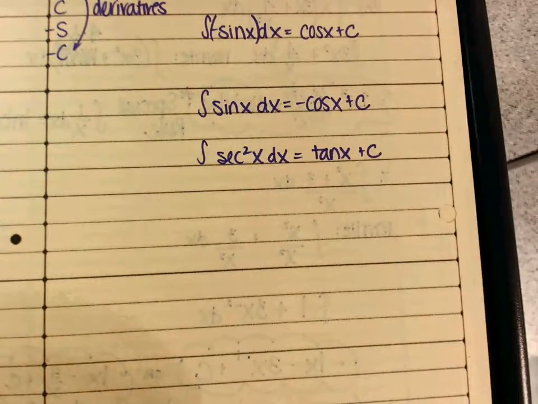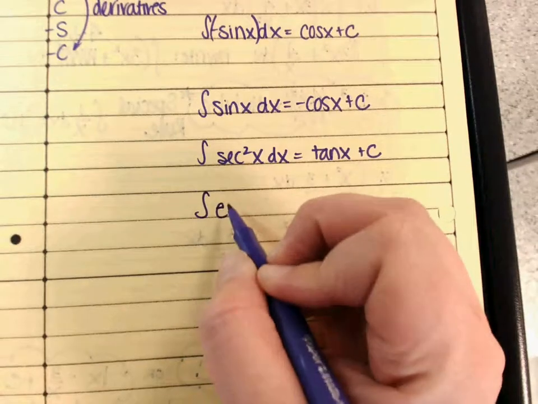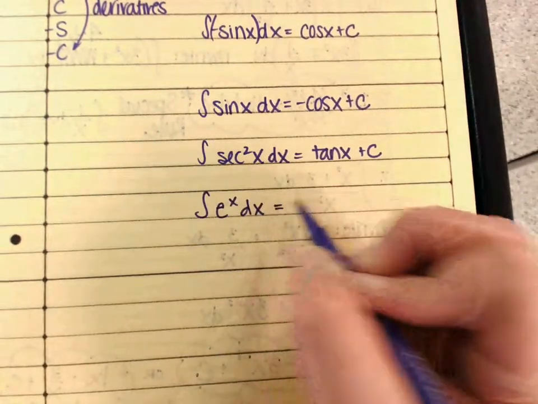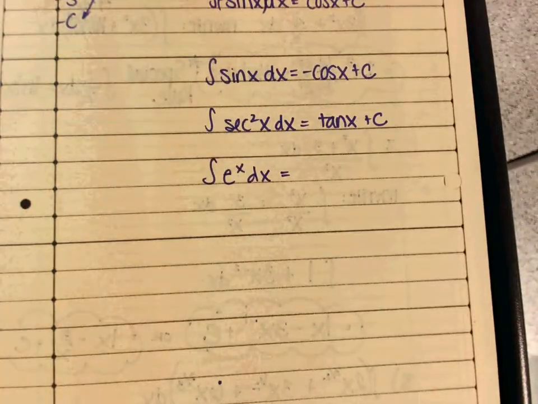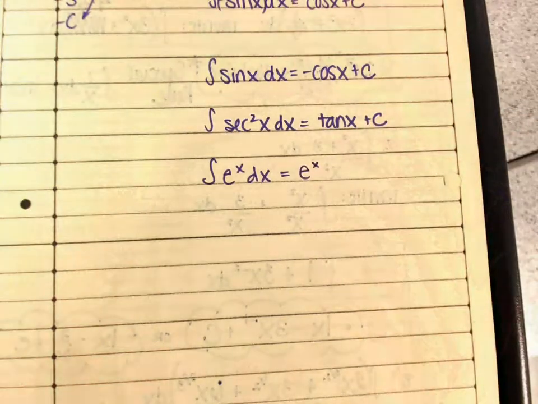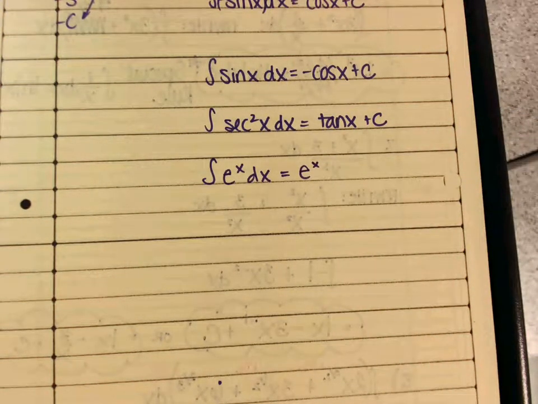Okay? All right. And then one more I'm going to put on here as well. What is the derivative of e to the x? E to the x. What's the antiderivative then going backwards? Still e to the x. Okay, so remember that all of those are really the same. They're just backwards. Okay? So now we are going to get into what's called a particular solution.